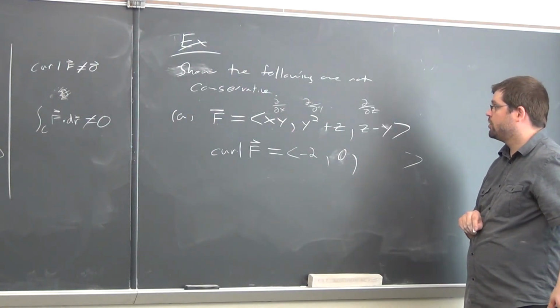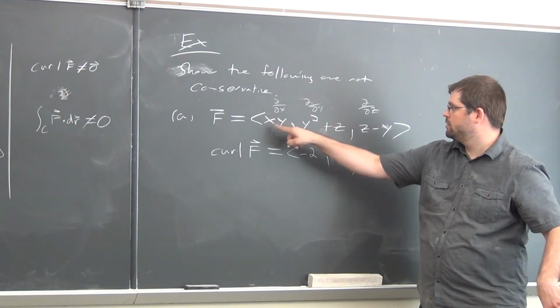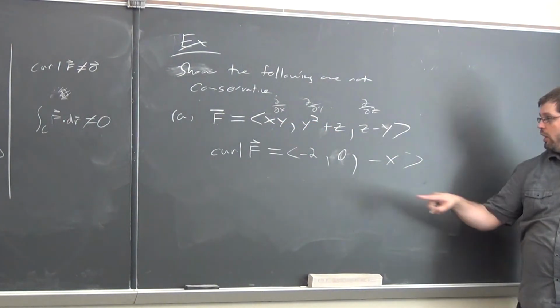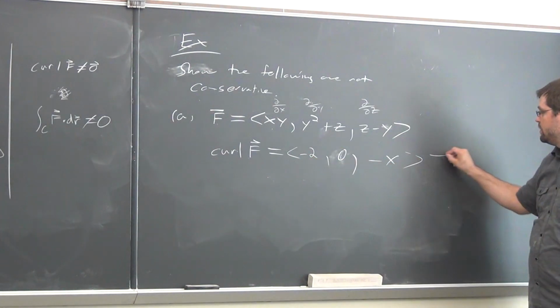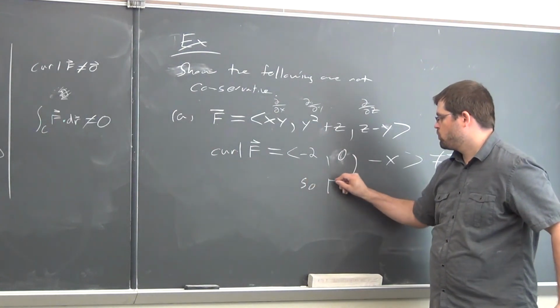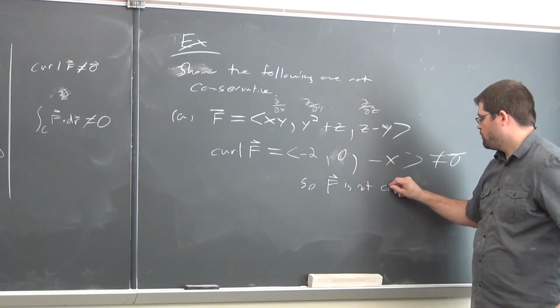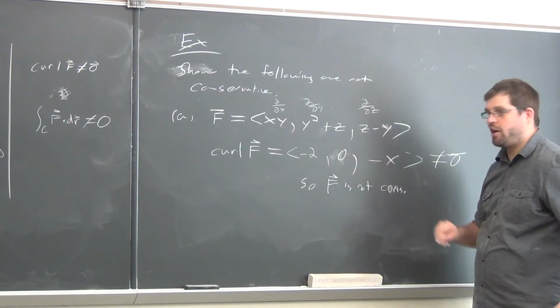And then your last term will be 0 minus X. Is that okay? And really, once you got that -2, you were done, right? Once you know the vector is not 0. This is not the 0 vector, and so F is not conservative. Okay.